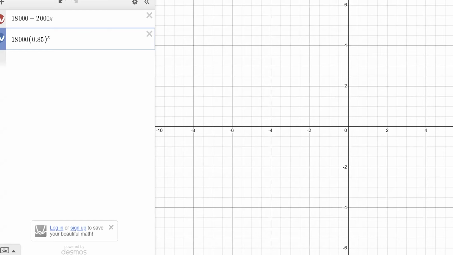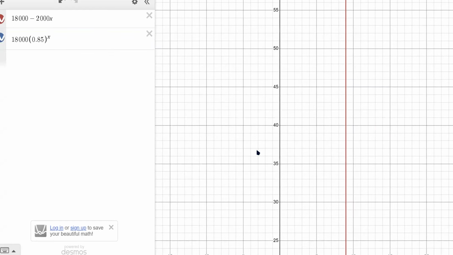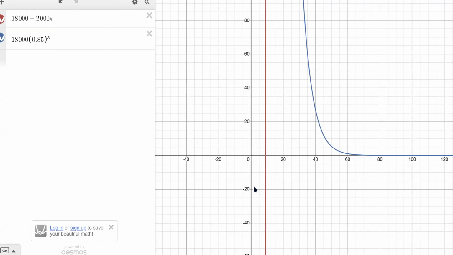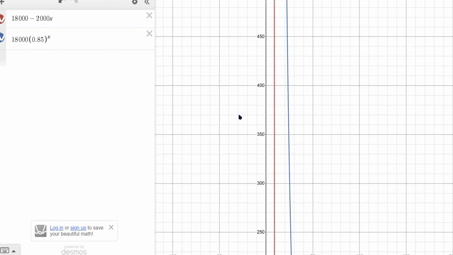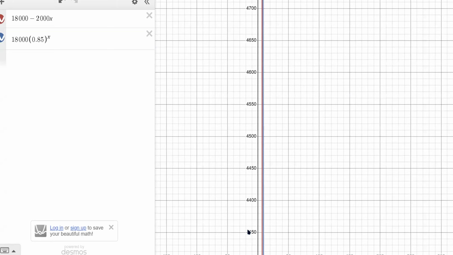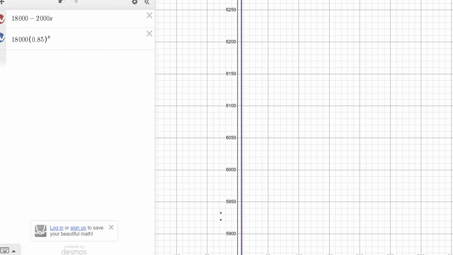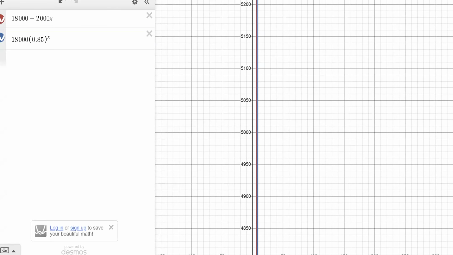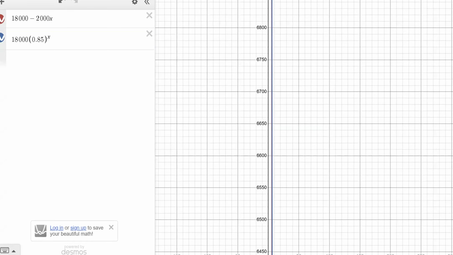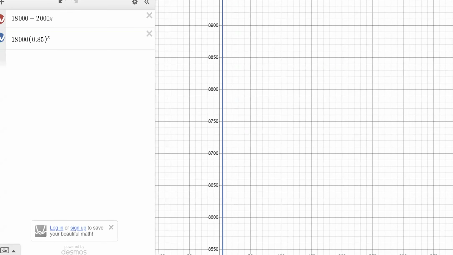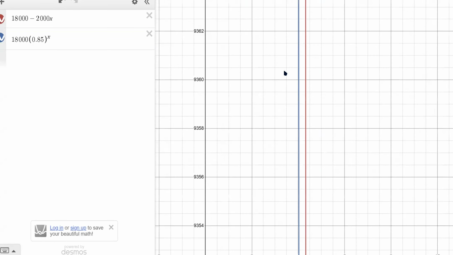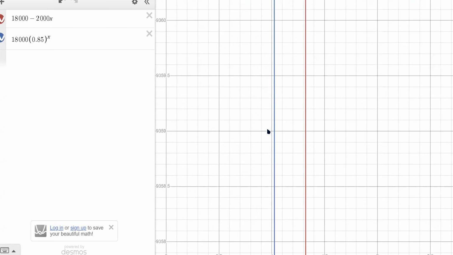Okay, so we have two lines, and we're asked about the two equations. So in this case, we can see that towards the end, the blue line is above the red line, and then towards the beginning, we can see that the blue line is less than the red line.